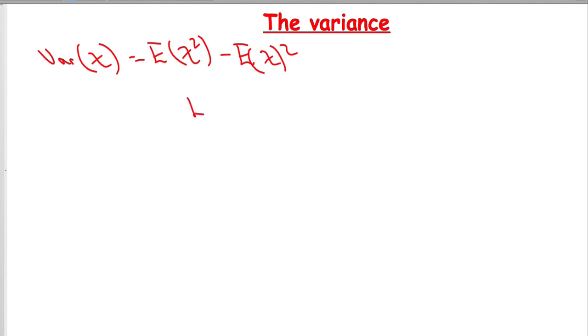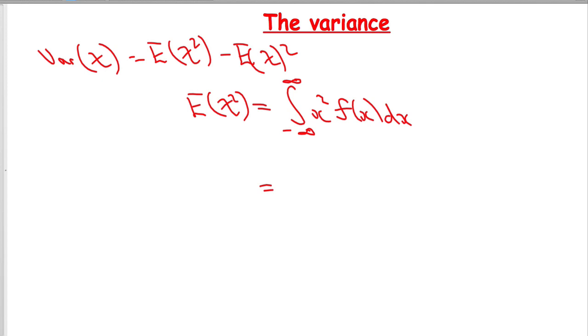And hopefully we remember from before as well that the mean of the squares, or the expected value of x squared, is given by the integral over all possible values of x squared f of x dx. So what we're going to do now is integrate between a and b of x squared times f of x, which again is 1 over b minus a.